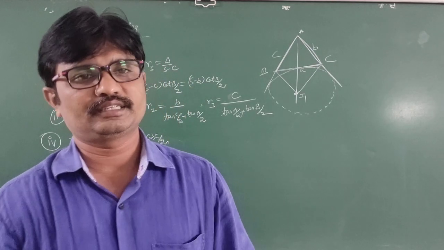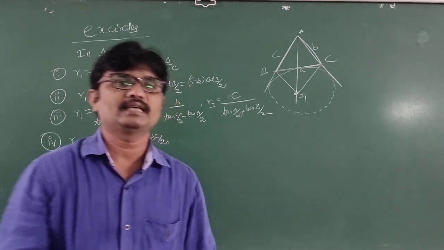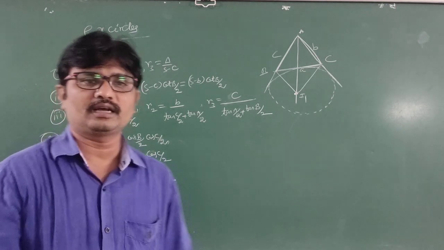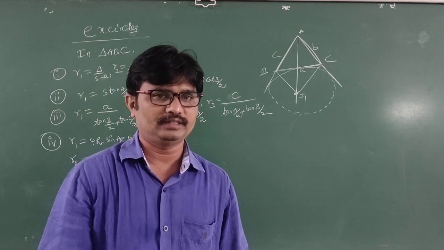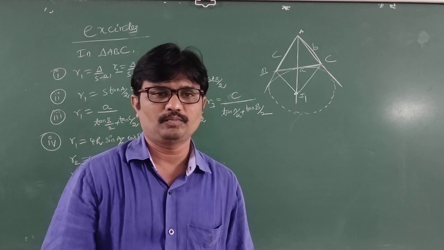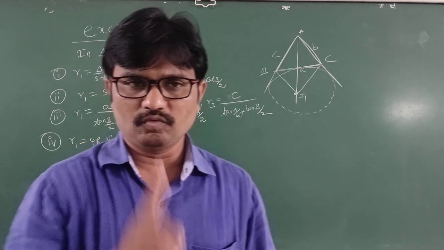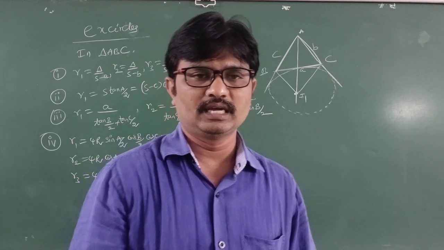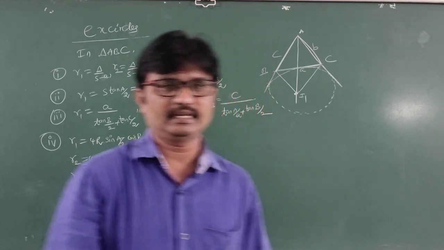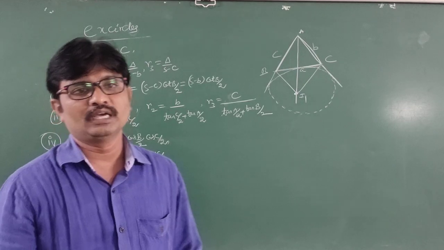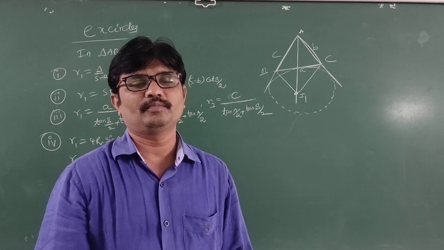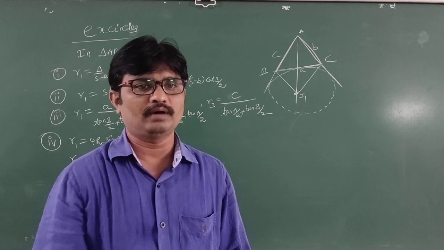A triangle has 3 excircles, so the excenters are denoted by I1, I2, I3. Excenter means the point of intersection of one of the internal angle bisectors and the two external angle bisectors. Excenters are denoted by I1, I2, I3, and the exradii are denoted by R1, R2, R3.